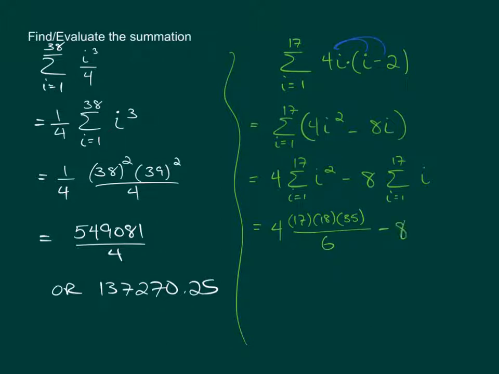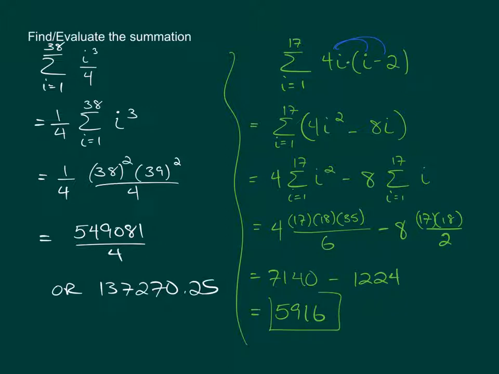From that, we are subtracting 8 times the summation of i from 1 to 17. The upper bound again is 17. So the summation of i from 1 to 17 is the upper bound times the upper bound plus 1, all over 2. And when you compute all this out, you'll get 5,916 for your summation answer.